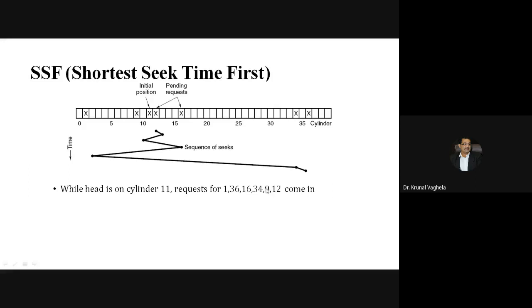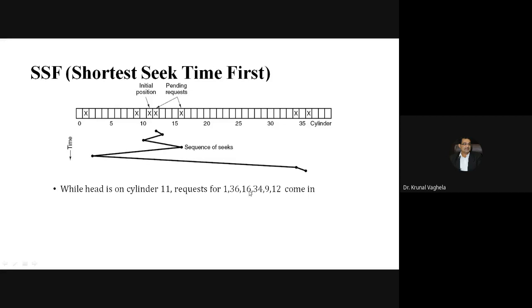From 12 to 9 is 3 cylinders, 16 is 4, this is far, 36, and this is 1. So which is near? 12 to 9. So then it will go to 9. From 9, which is near? I think 16, so it will go to 16.